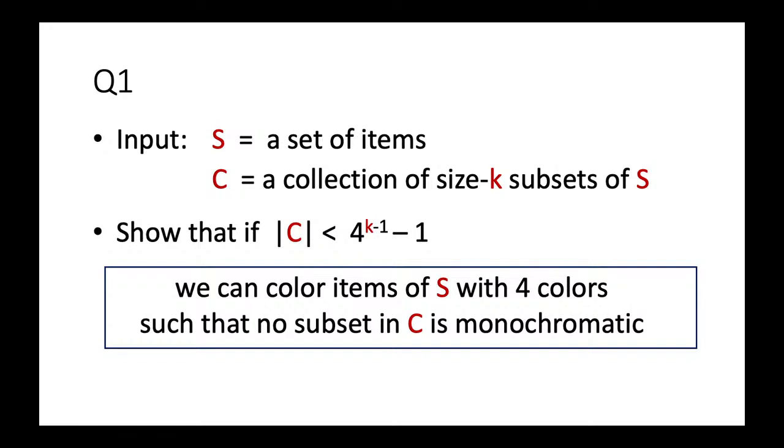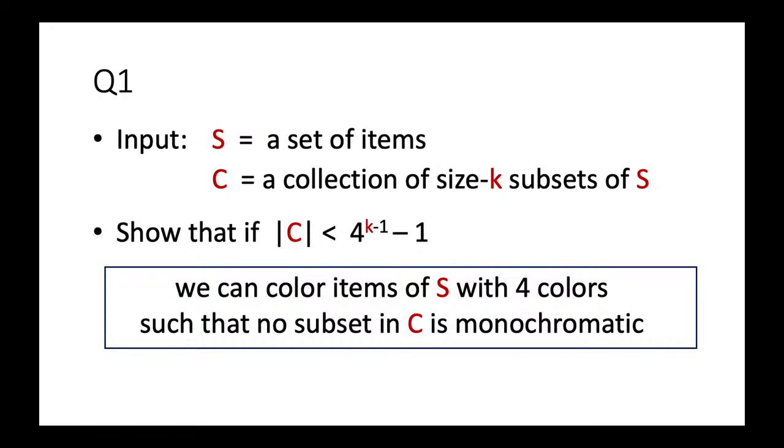Imagine, for instance, that C contains exactly one size k subset of S. Then it's easy. We pick 2 items in this subset and color them differently, and in that case the subset will not be monochromatic. So if the number of subsets in C is small enough, then it is possible to do the coloring so that we can avoid monochromatic subsets.